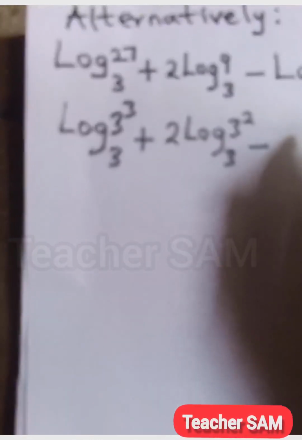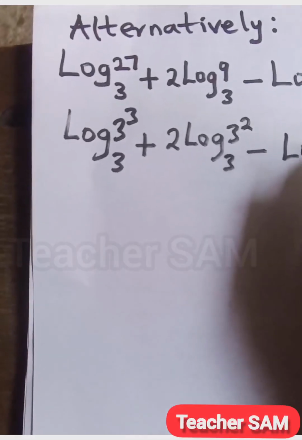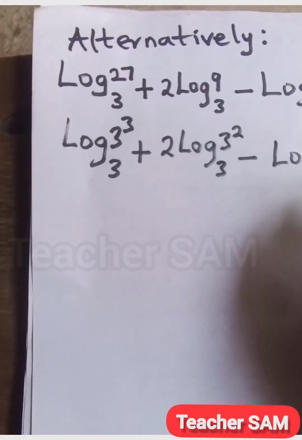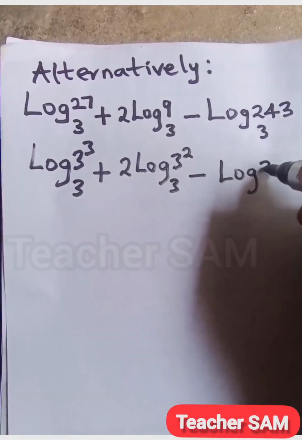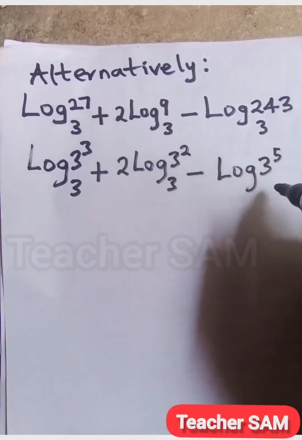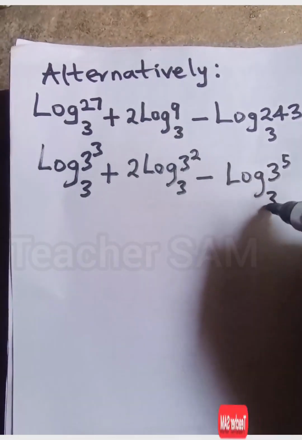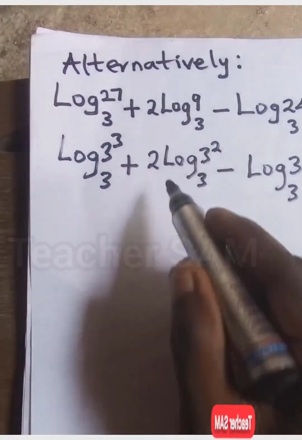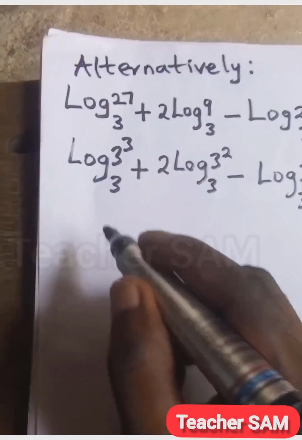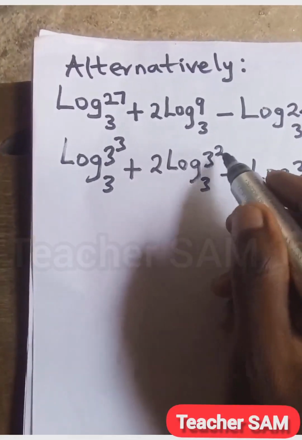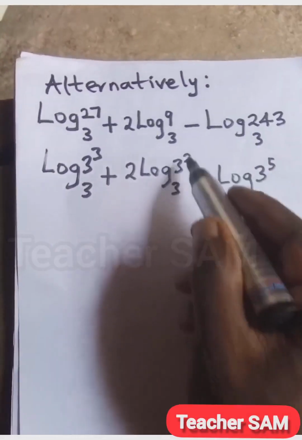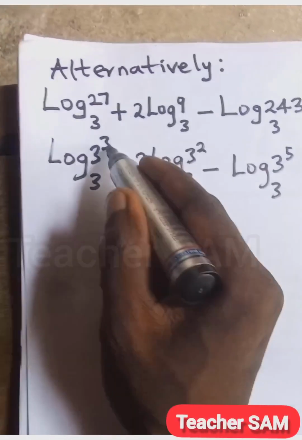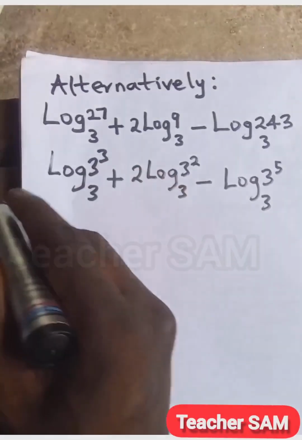Minus log 243 to base 3. That 243 is the same thing as 3 raised to power 5. So we have that. Now remember the powers of the log, we are using it to multiply the log.